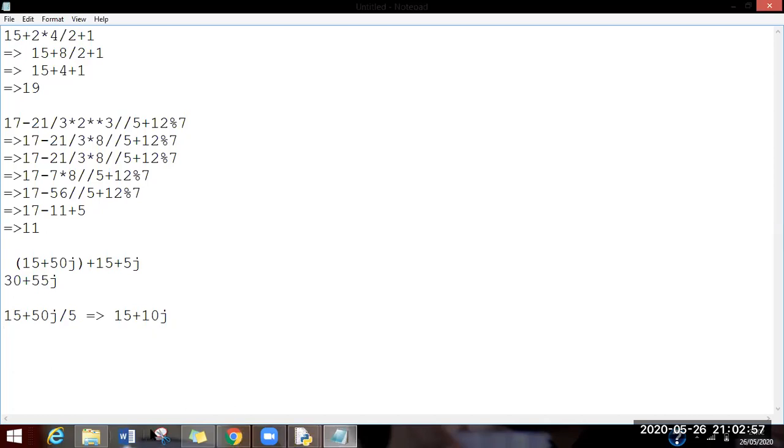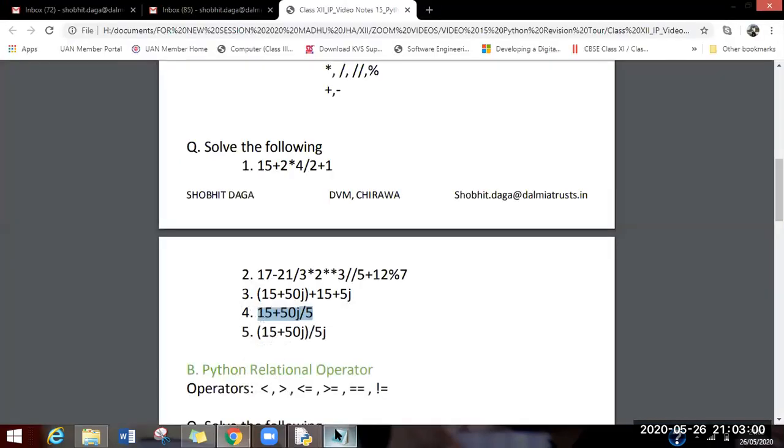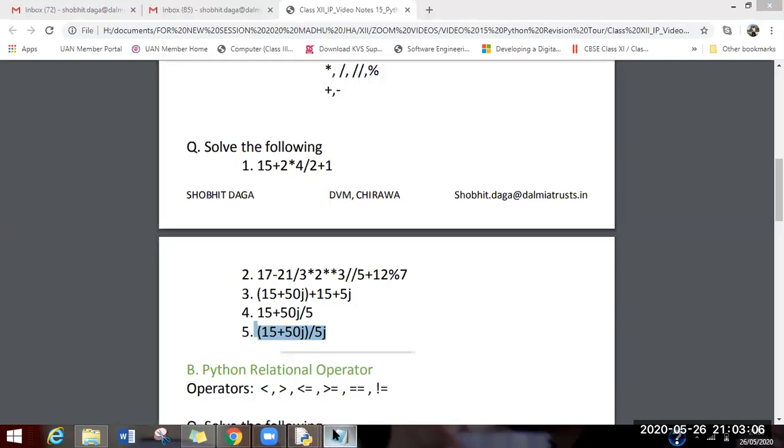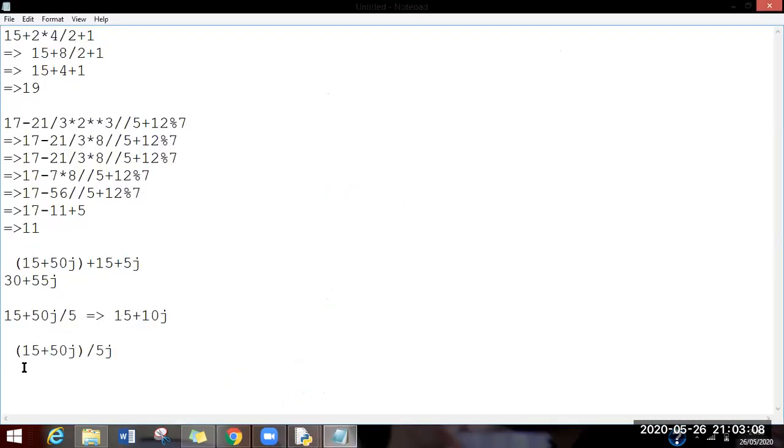Now there is another question which says something like this. Let me take this as a high order theoretical question. The reason is that students generally ignore this j symbol. Now when you have 15 plus 50j, we have this division operator, and the entire complex number will be divided by 5j.